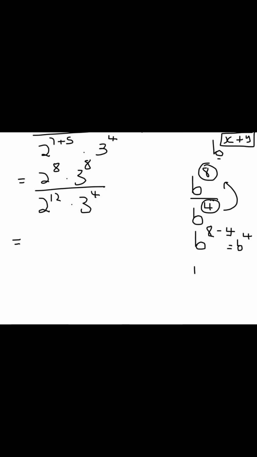But in a situation where you have base to the exponent of 4 over base to the exponent of 8, remember that base, it doesn't matter what letter it is. It doesn't matter what number it is, as long as they are the same. So in this case, this 4 has to go to the denominator part.